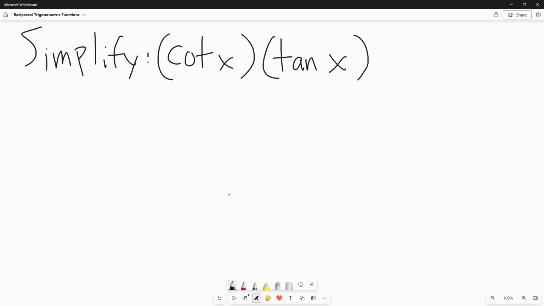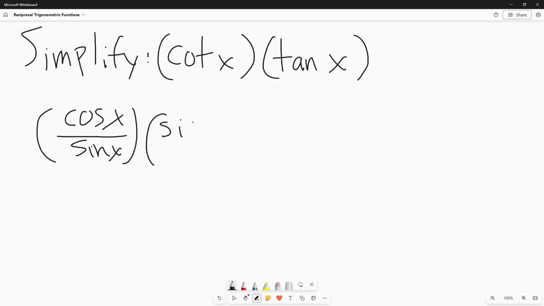This problem asks to simplify cotangent of x times tangent of x. First, let's rewrite both of these as cosine of x over sine of x times sine of x over cosine of x. You should already know that these are what these two are equivalent to. So now let's rewrite this as one big fraction because we can.